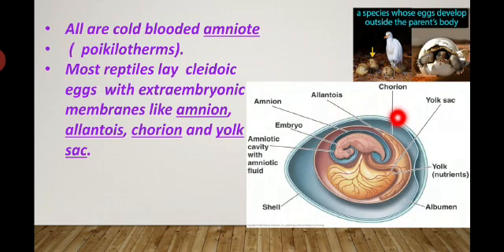There are four types of layers that we term membranes. These layers surround and protect the embryo. The yolk sac surrounds and protects the embryo, and the amnion is filled with amniotic fluid, providing the embryo with a stable fluid environment.